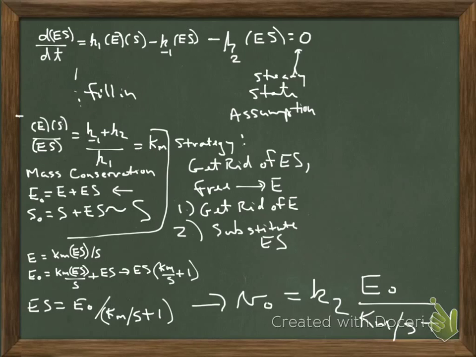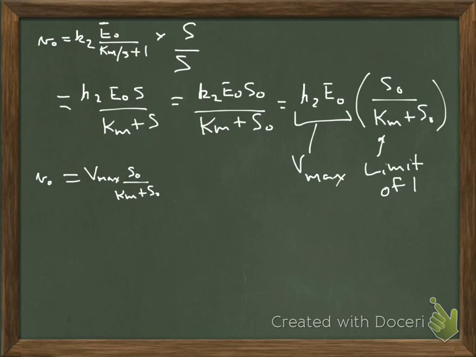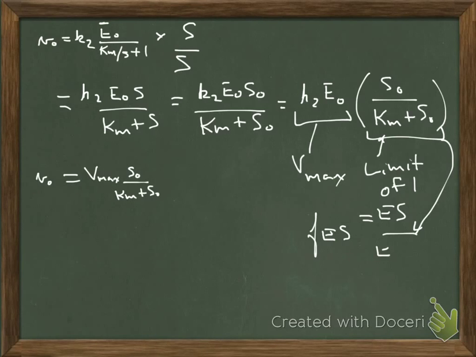Let me just see something for a second. Yeah, you definitely could show that that's true, that this guy is the fraction of ES, which is equal to ES over free E plus ES, right?